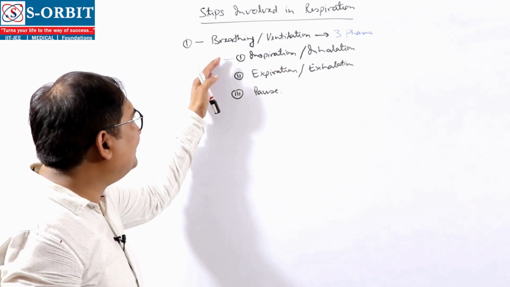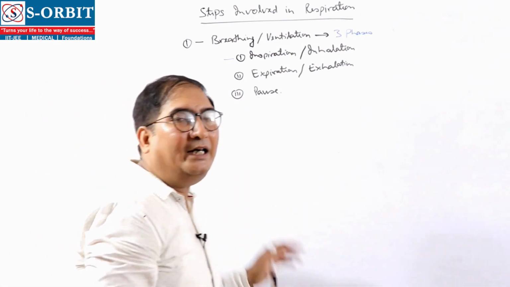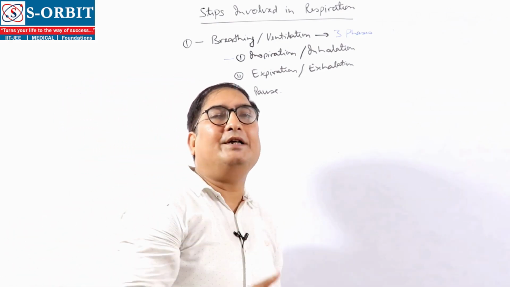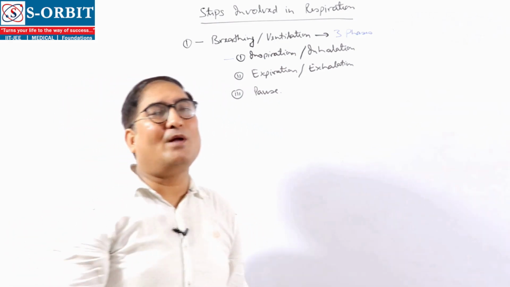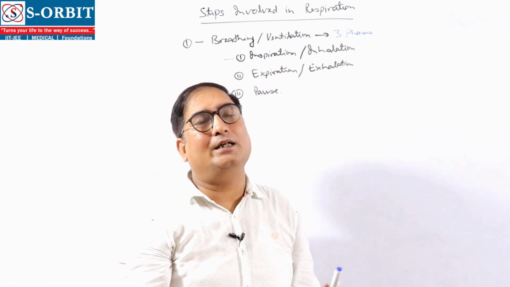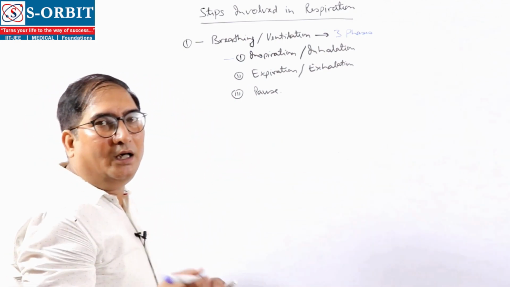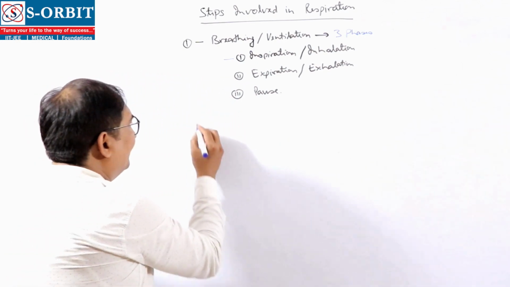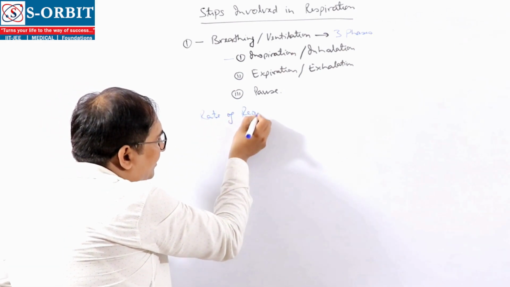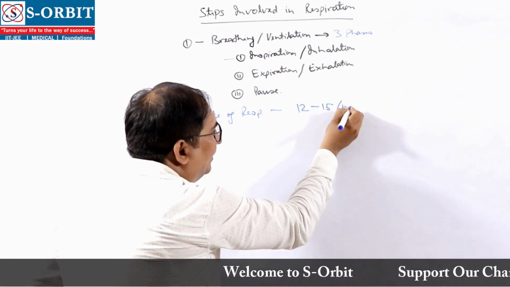These phases make a respiratory cycle, and normally we respire at the rate of 12 to 15 times per minute, depending on whether we are exercising, sitting, sleeping or just relaxing. It depends upon our rate of respiration.